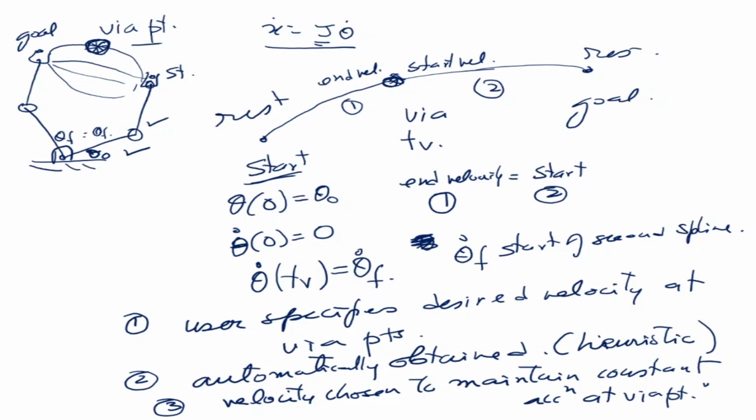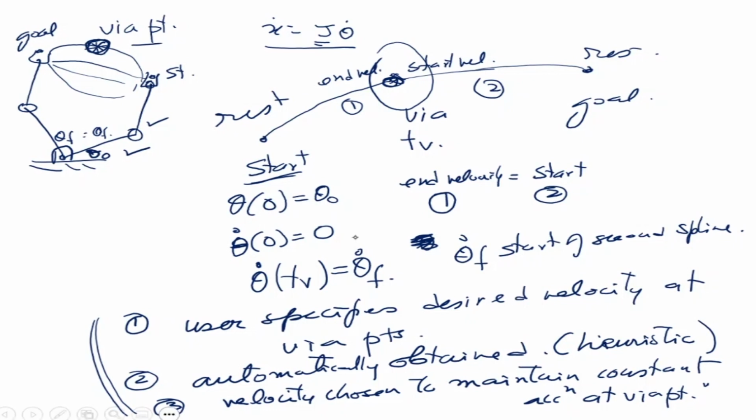Now this is trajectory planning using via points, and it's very easy to understand that the same logic is used for two trajectories. The only difference is that they are being connected in the center by a via point, and the end velocity of the first one is equal to the start velocity of the second one. But if you do that, then what happens? There is no automatic way by which the velocity gets fixed.